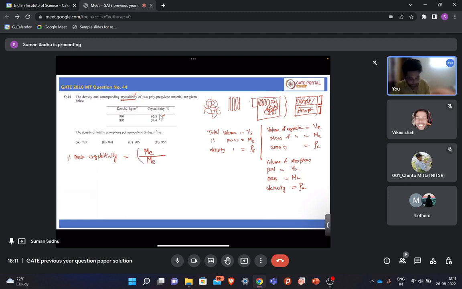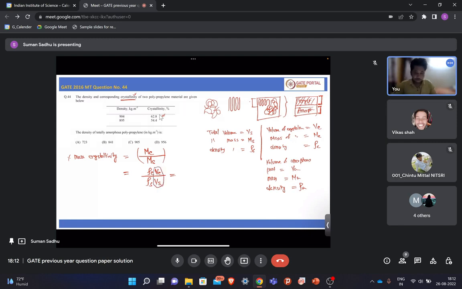In terms of density, we can write it as rho c Vc over rho s Vs. Now, in order to express this equation in terms of density only, we have to find the ratio of Vc by Vs.